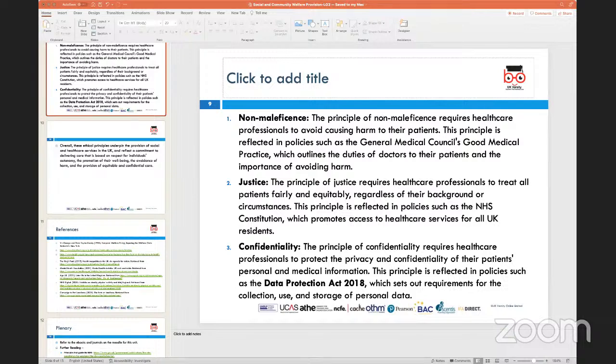So in general, when we talk about ethics, under justice as a core part, we'll be looking at ensuring that all patients will be treated fairly and with equality. That is one of the principles of the NHS.